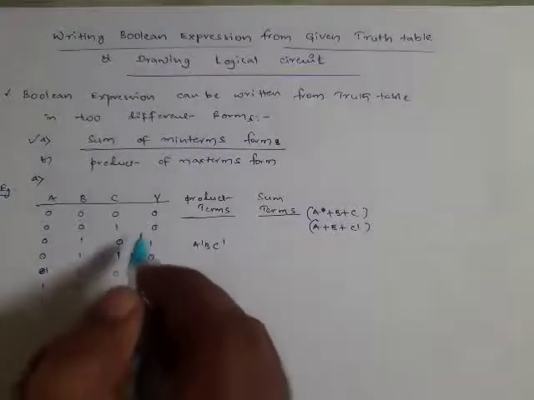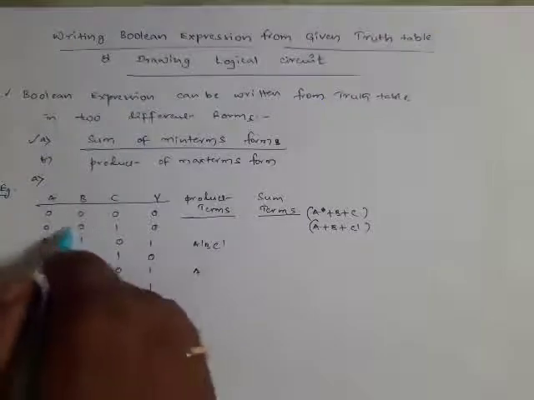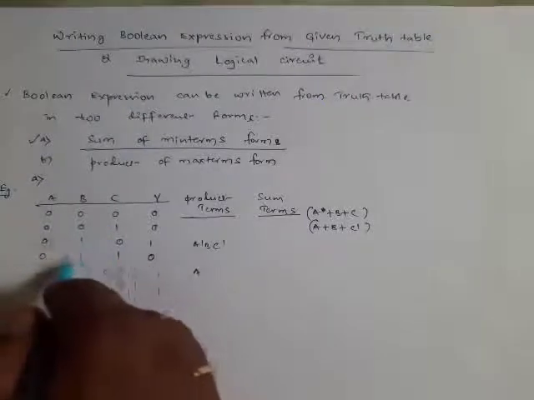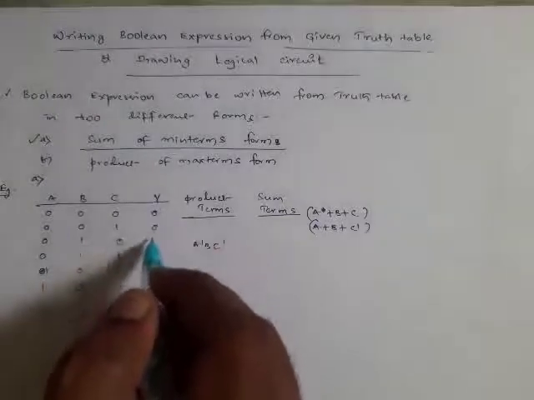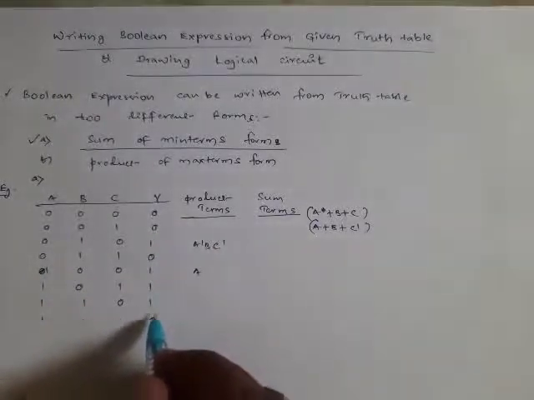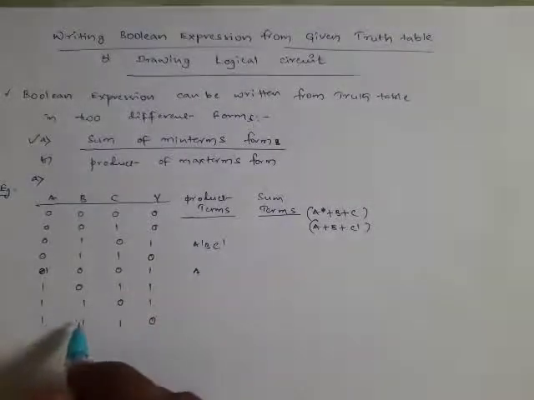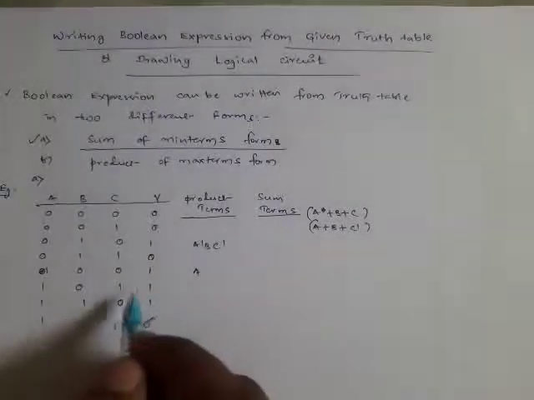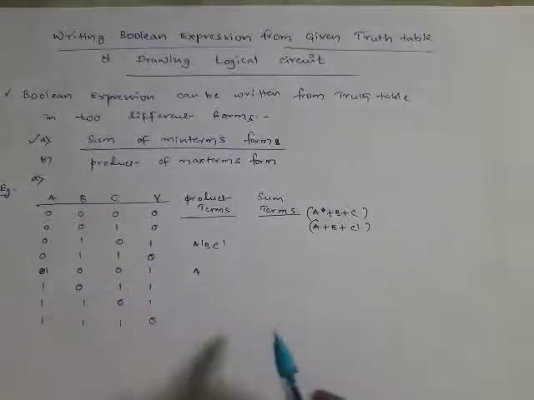It means for all possible combinations of inputs, we are given the value of the function, and this truth table is given to us. Now we will try to write the Boolean expression from the given truth table.